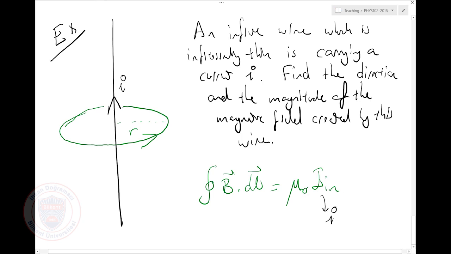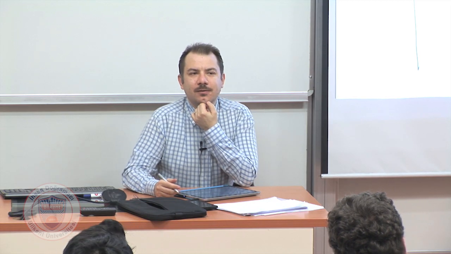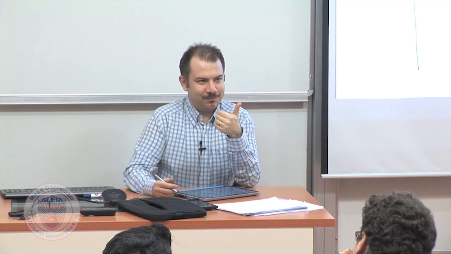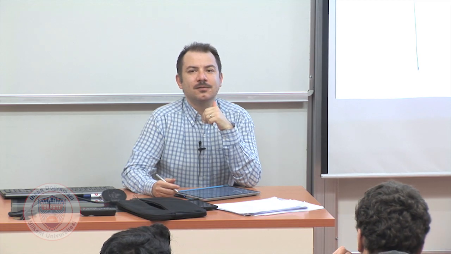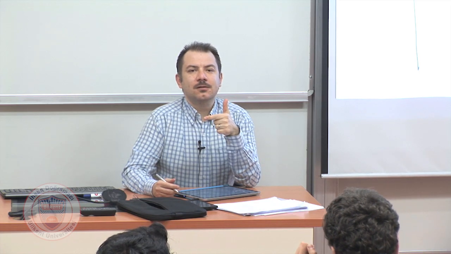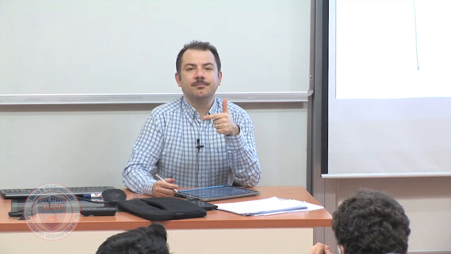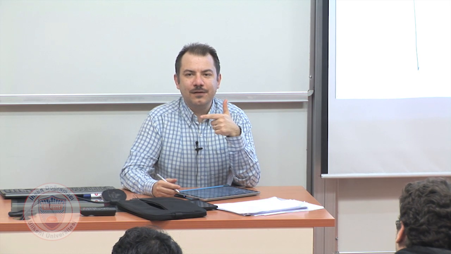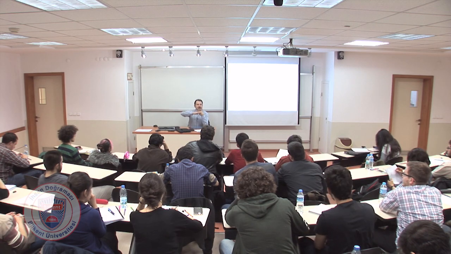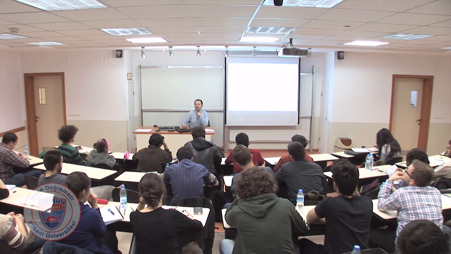How about this B dot dl? Now, all the points on my loop are equivalent by virtue of rotational symmetry. Furthermore, I know that this system is infinite, so there is no choice between up or down. So my magnetic field must be in the same plane as my loop.